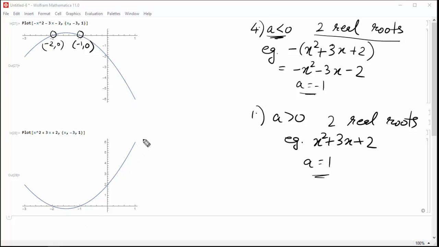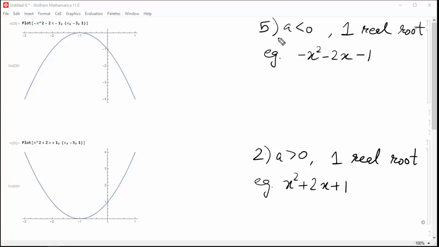The fifth example takes us to a less than 0 and one real root. Example minus x square minus 2x minus 1. Here also we see the shape of the parabola is downwards opening and the root is minus 1 comma 0. So at x equals to minus 1, this graph touches the x-axis.